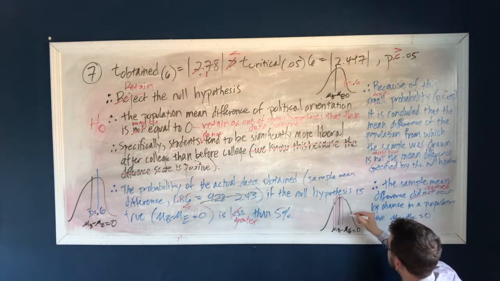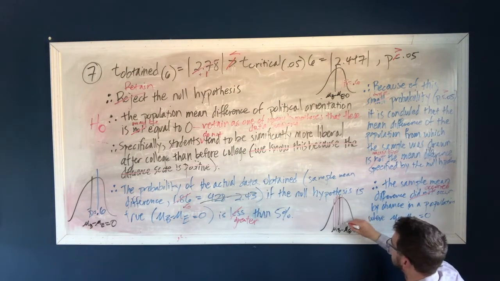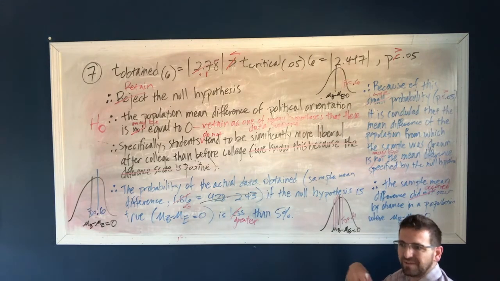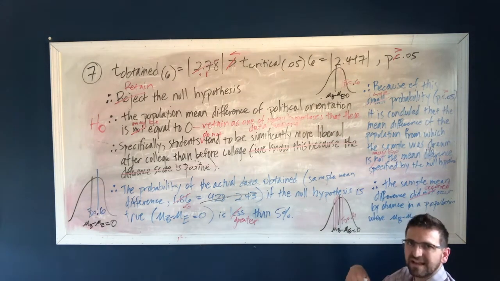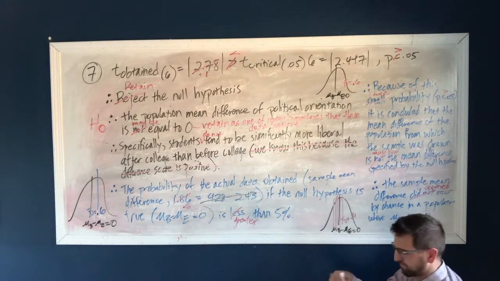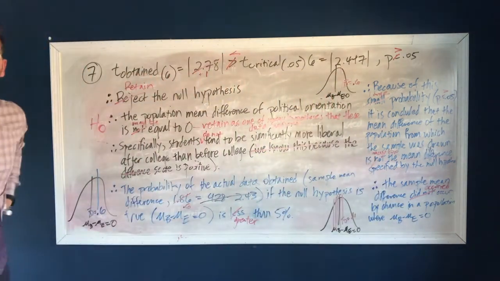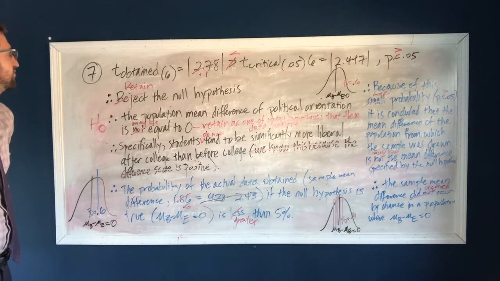So all it's saying when we retain the null hypothesis is our sample mean difference of 0.6 in this hypothetical situation is due to sampling error. It's a chance fluctuation. Okay. So there you have it. If we retain the null hypothesis, here's how our interpretation would change.